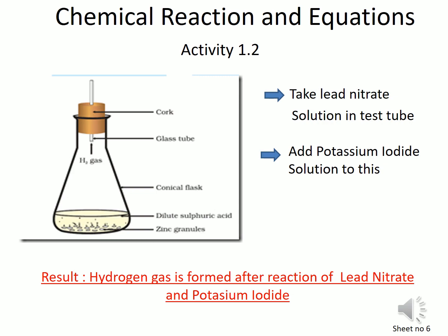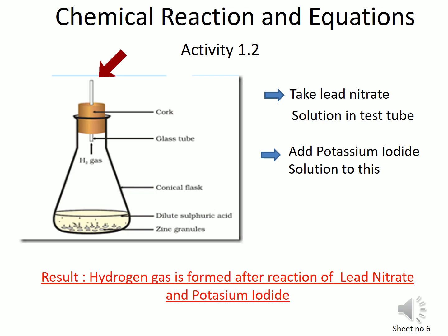We will see activity 1.2: how hydrogen gas is formed. See, this is a conical flask. In the flask, we have zinc granules, and these zinc granules are put in dilute sulfuric acid. At the top is a cork, and in this cork a glass tube is fitted.